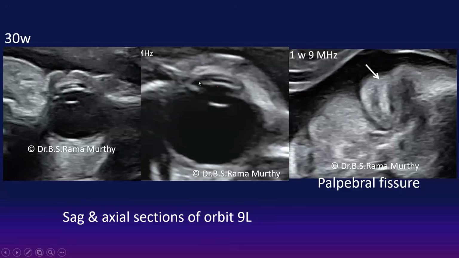And we can also see the anterior capsule. You can see the palpebral fissure in between the two eyelids. That's an oblique sagittal section through the orbit. You can see the upper eyelid, you can see the lower eyelid, that's the cheek. And if you do a corneal section, you can see the palpebral fissure, that's the gap between the upper eyelid and the lower eyelid. So in later gestational age, you can also see such clear detail when you do a high frequency scan of the orbits.